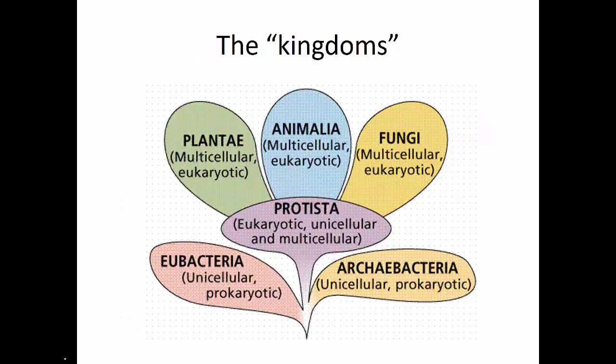If we take a look at the kingdoms in general, and this is a nice way to look at it, we have these eubacteria here. We have these archaebacteria, so these are different types of bacteria. They are both what is called prokaryotic cells. Prokaryotic cells are cells that do not have their own nucleus.